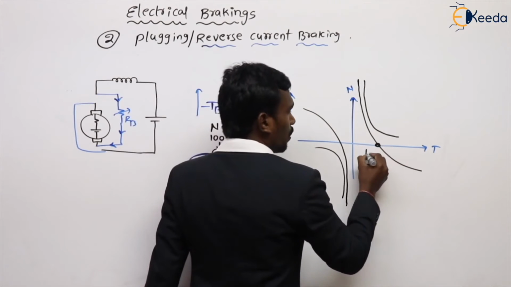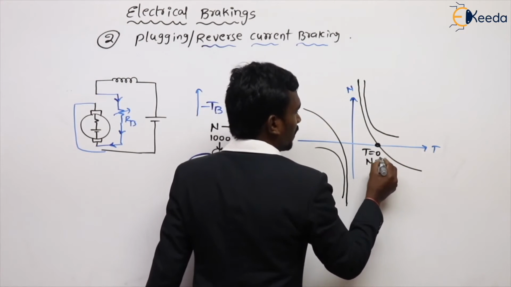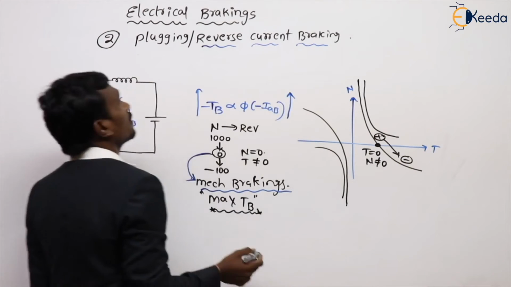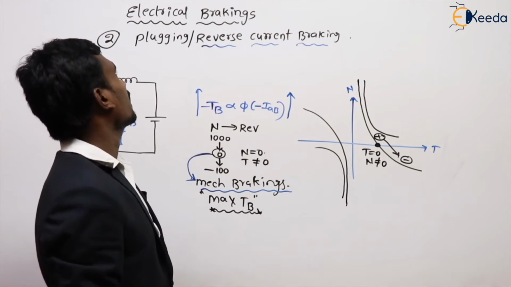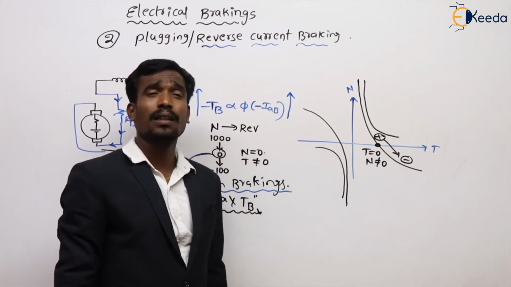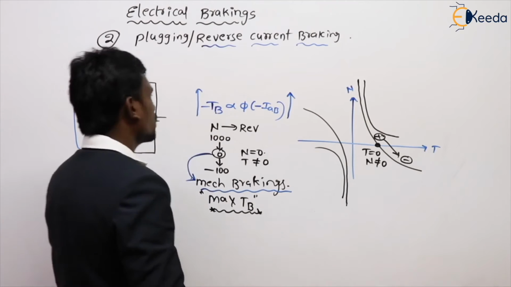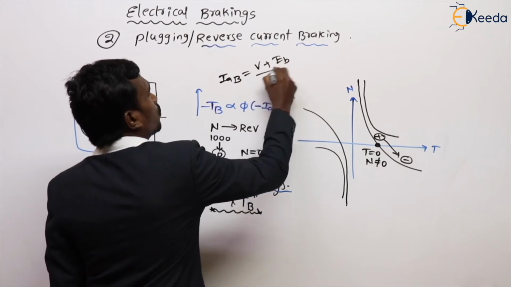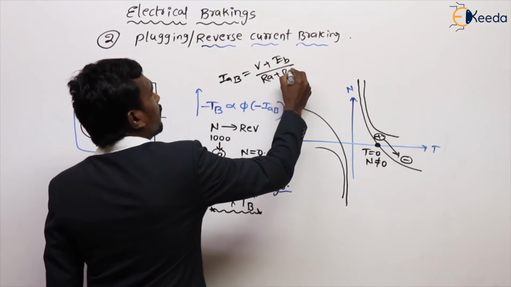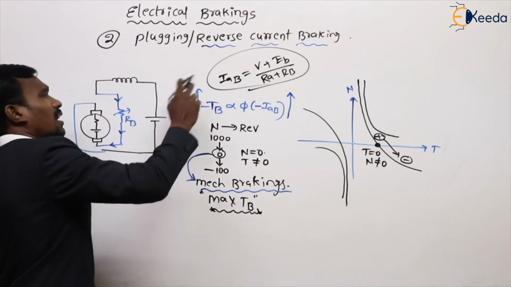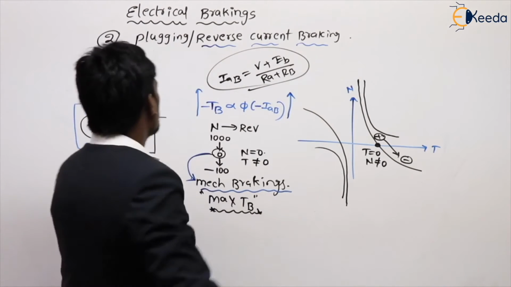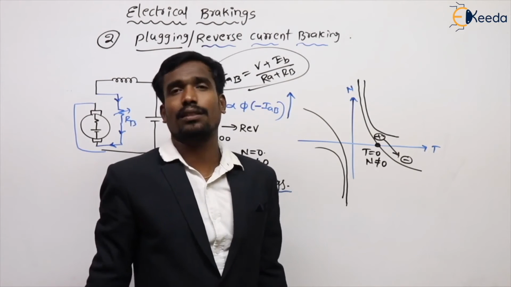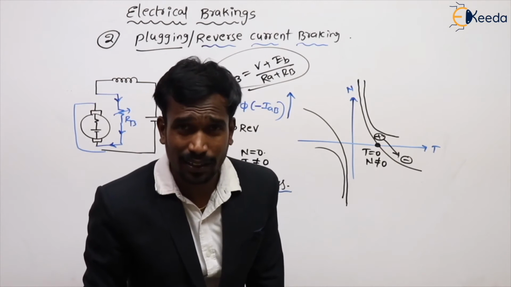Here, even though the torque is 0, the speed is not 0, it goes from positive to negative. This is the plugging or reverse current braking, the second method, which having the maximum torque. And generally they will ask you a question on this formula. IAB is equal to (EB plus V) upon (RA plus RB) for shunt, and for series RSE is added. This is very important, and it has the maximum braking torque compared to all other methods. Right? Are you clear?